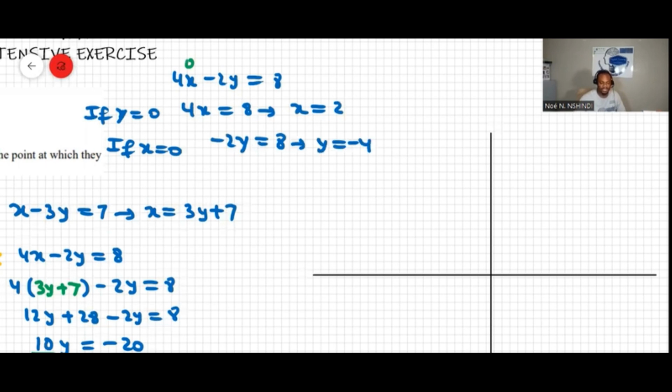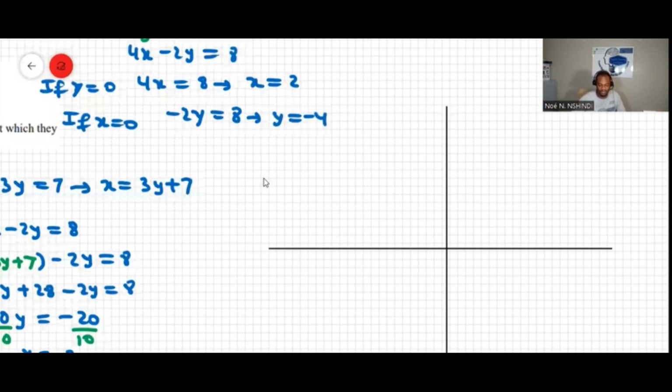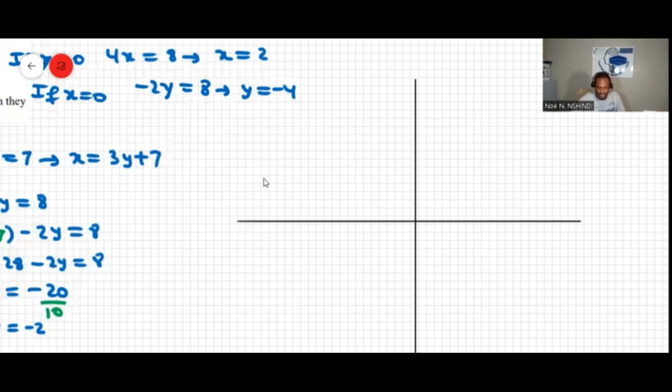Now we can find the point over here in the Cartesian plane. So I count here 1, 2, and then negative 4 is there, and then 2 is there. So the point of intersection will be there.